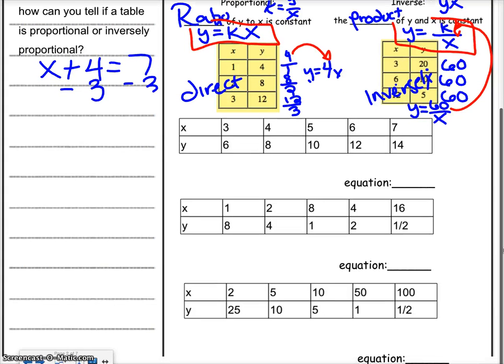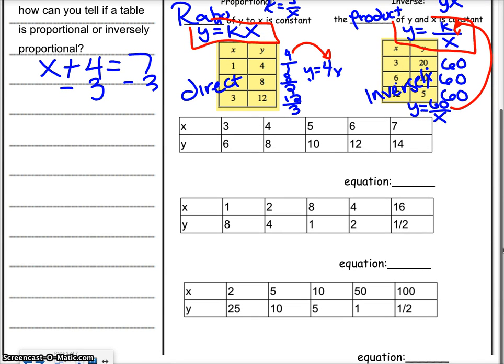Okay, again, next table, I always check product first because I can multiply faster than comparing ratios. What's 6 times 3? 18. What's 8 times 4? 32, not inverse. So now I have to check my ratio. Is 6 over 3 the same as 8 over 4?